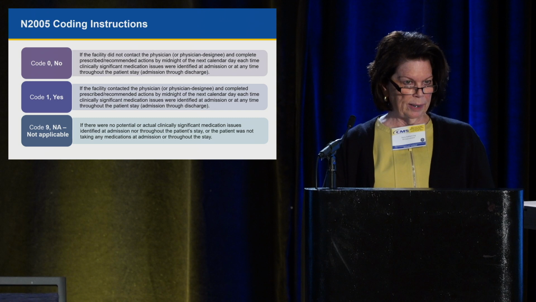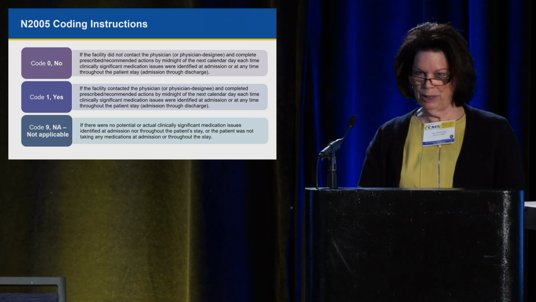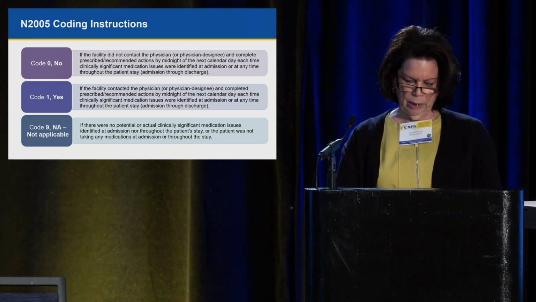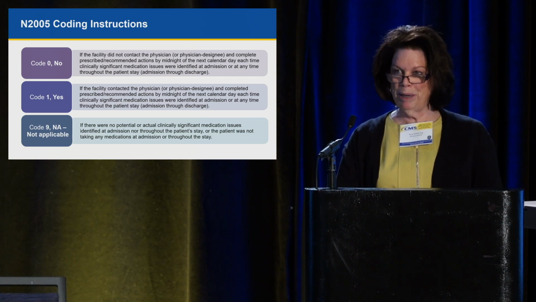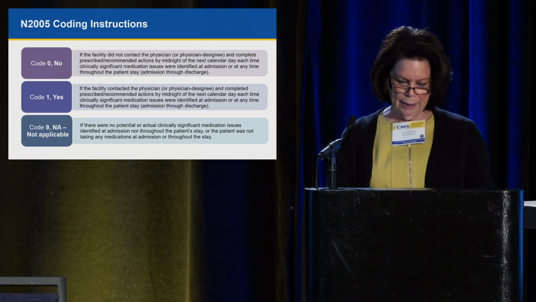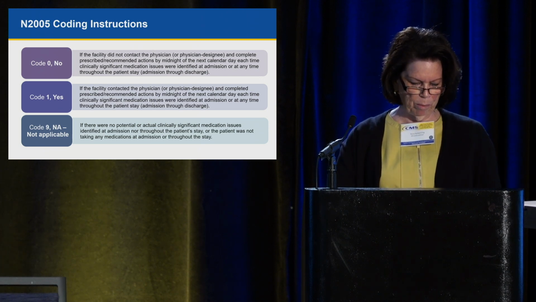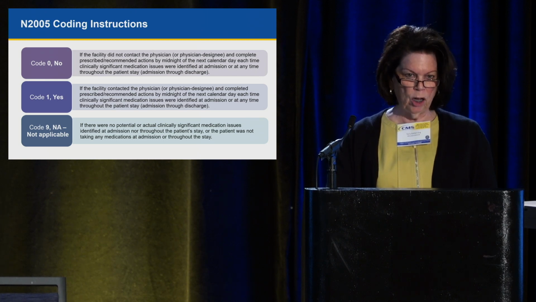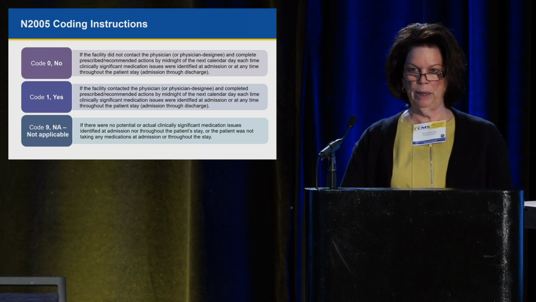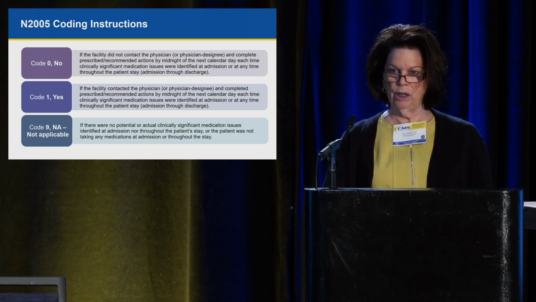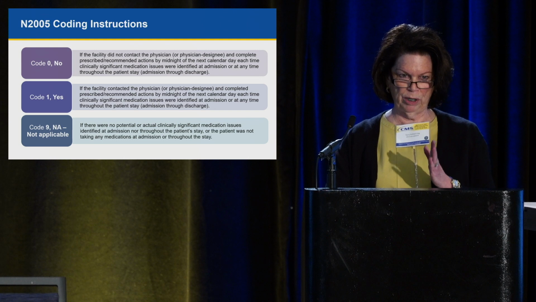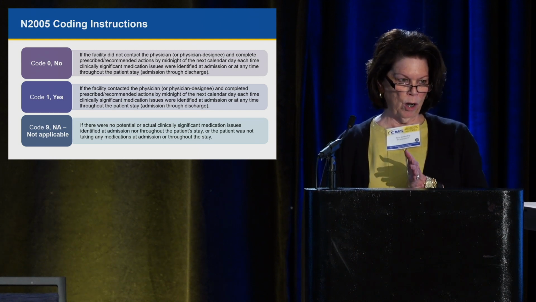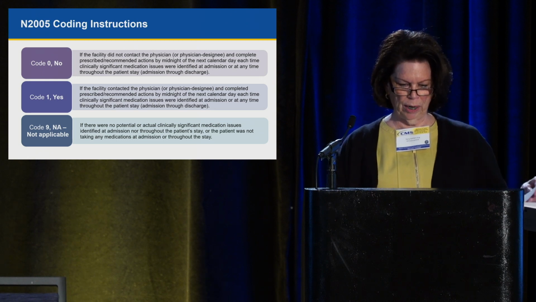A point of emphasis here, based on questions we've received from IRF providers, is that if the patient being discharged isn't taking medications at the time of discharge and was taking medications earlier in the stay, you would not code this data element as 9, not applicable. So again, it's from admission through discharge. You code N2005 based on your coding of N2001 and N2003.